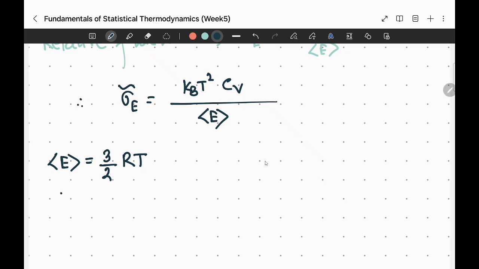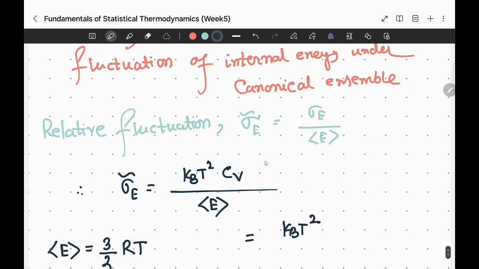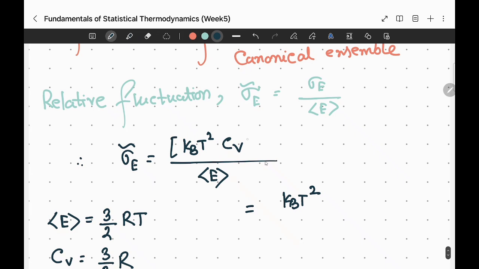So what will be the Cv? 3/2 R. So just write it: it will be kB T squared. One thing, the square will be there, because if you square it, then obviously it will be very big. You should not square it, the sigma.